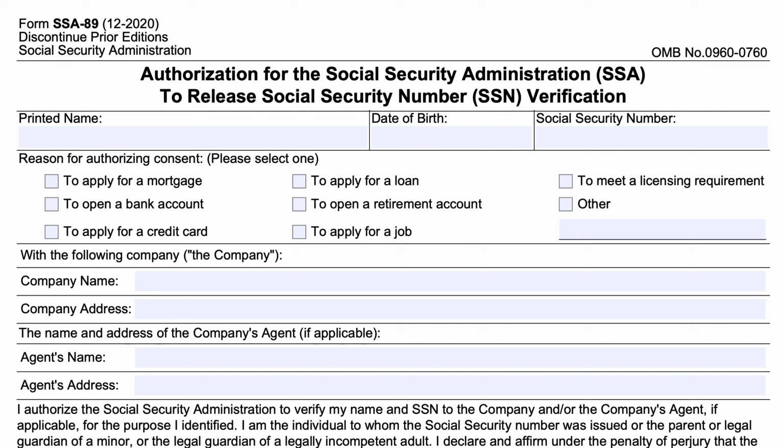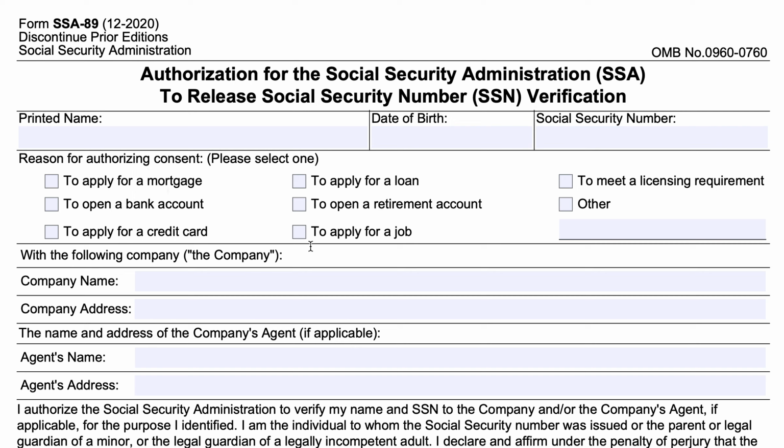So the odds are high that you'll probably see this form in the proverbial stack of paperwork that you're filling out for someone else. So we'll skip down to the section that contains the most common reasons for authorizing consent.